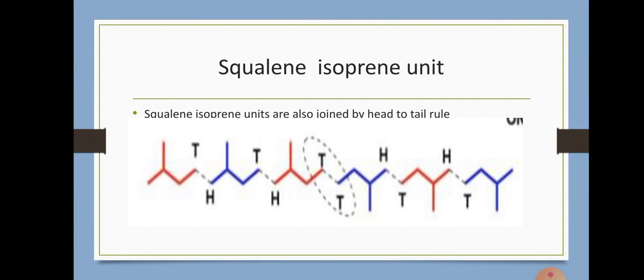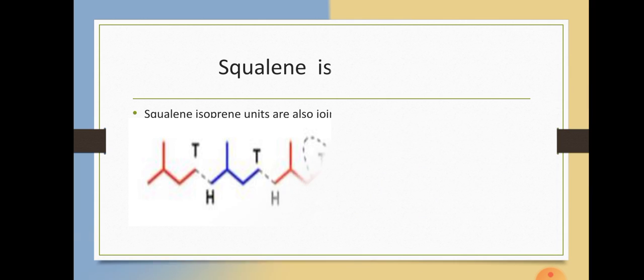This squalene is also joined by the head-to-tail rule, but here in the center of the structure the isoprene rule is violated because there is a tail-to-tail combination, not head-to-tail. At the start there is a tail and head combination, but in the center there is a tail-to-tail combination.